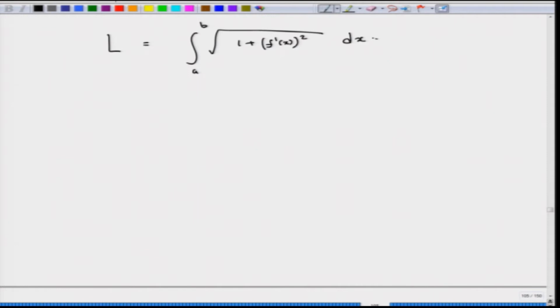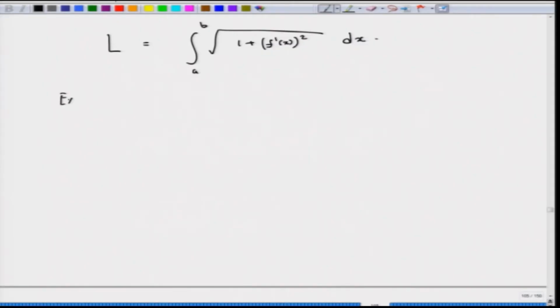This is the arc length of the curve. So, if the curve y equals f of x has a nice property such that f prime is also continuous, then there is no issue in finding the arc length. Let us do an easy example.